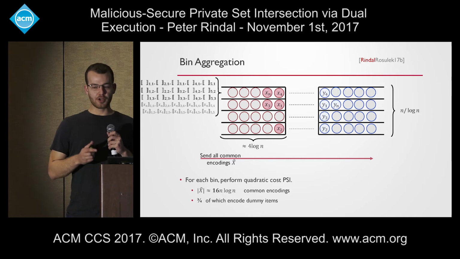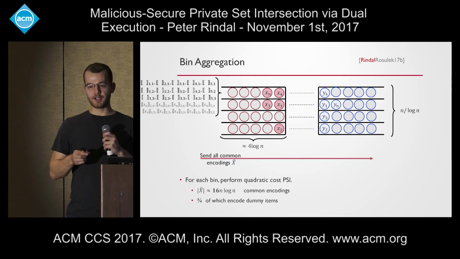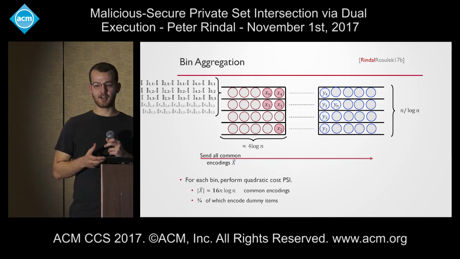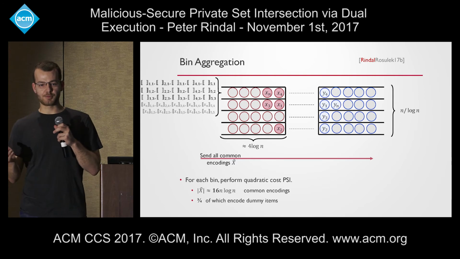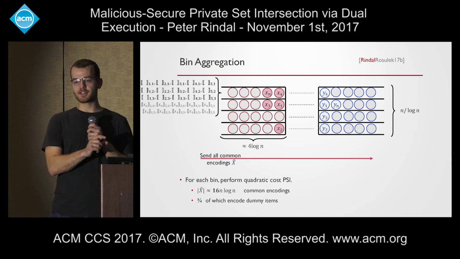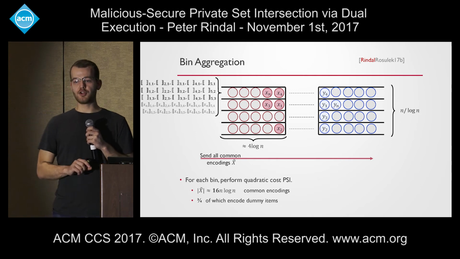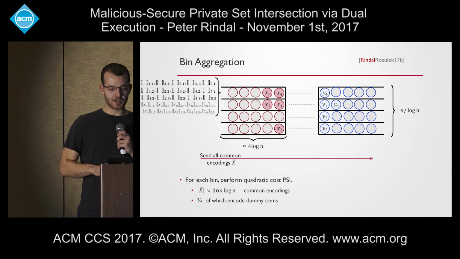And so that means that roughly 1 out of every 4 encodings is actually a real encoding. So we're encoding many things that don't actually correspond to anything. And what's maybe more important is that we actually have to communicate these dummy encodings over the network. So we're not using our network utilization very well. And so ideally, we'd be able to eliminate these dummy encodings.